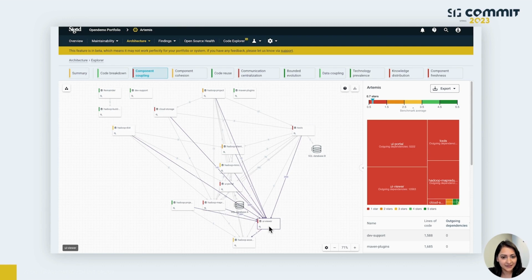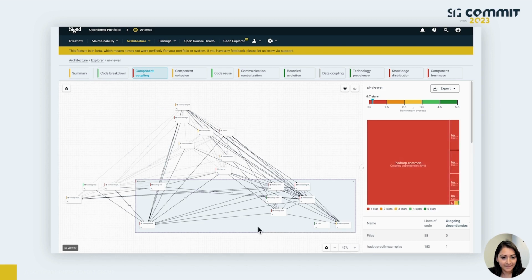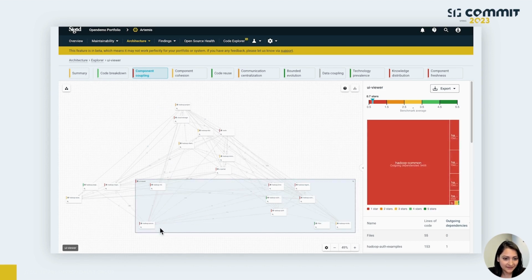and so what I'm seeing here is that our UI Viewer is actually quite highly coupled with other components within the system at the top layer. Let me take a deeper look at it. Oh, wow. Now it looks like a bit of a mess.